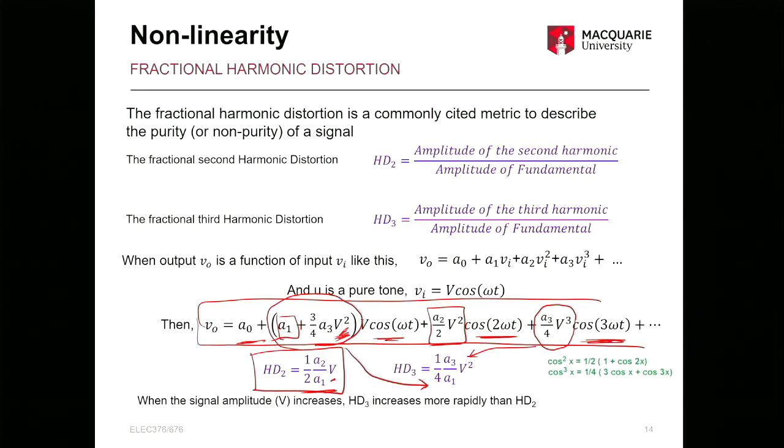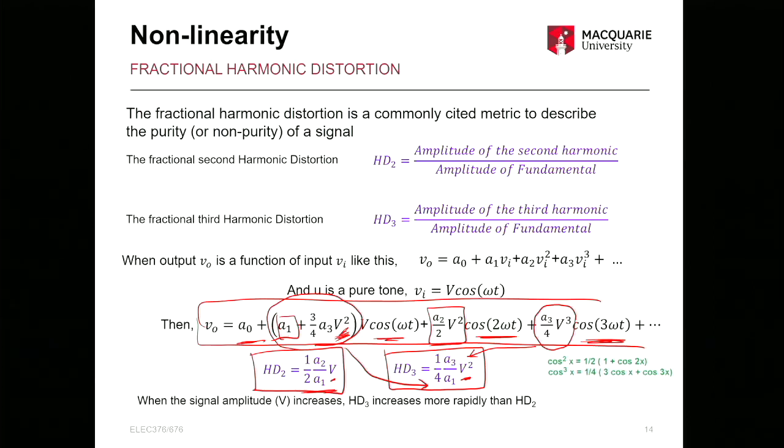Okay? If you do the same thing for HD3, which is the third harmonic fractional distortion, you get this, but it is dependent on V square. So that is important for us. What it says is that when voltage is quite small, HD2 has a much higher impact than HD3, right?